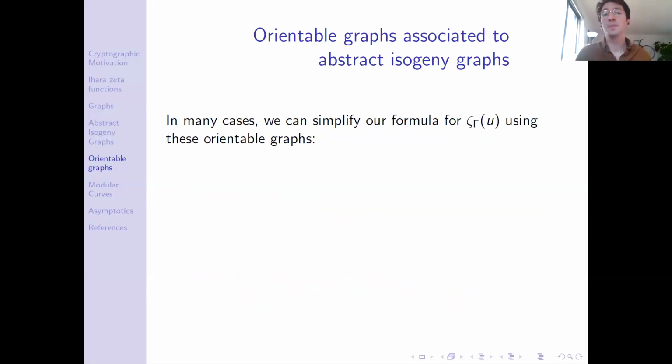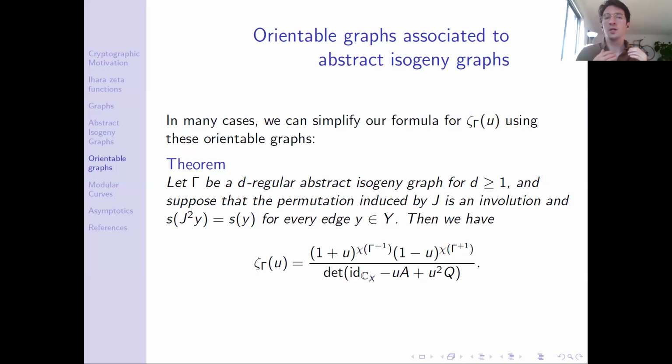And so in a lot of cases, the formula that I showed before that looked pretty nasty simplifies by using these orientable graphs. So say that your isogeny graph is d-regular and that this induced permutation is an involution and the source of j squared is equal to the source of y, then the Ihara zeta function can be written as just 1 plus u to the Euler characteristic of one of these orientable graphs times 1 minus u to the Euler characteristic of the other.